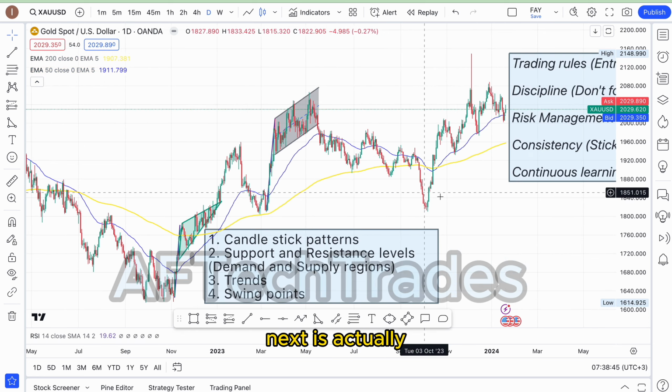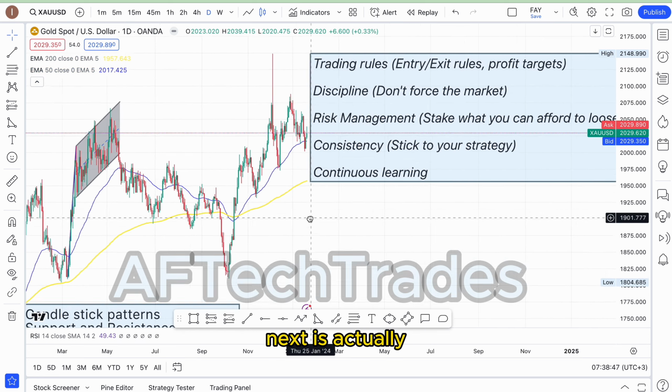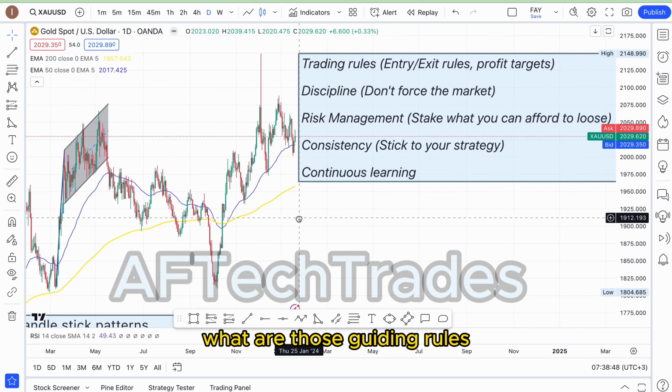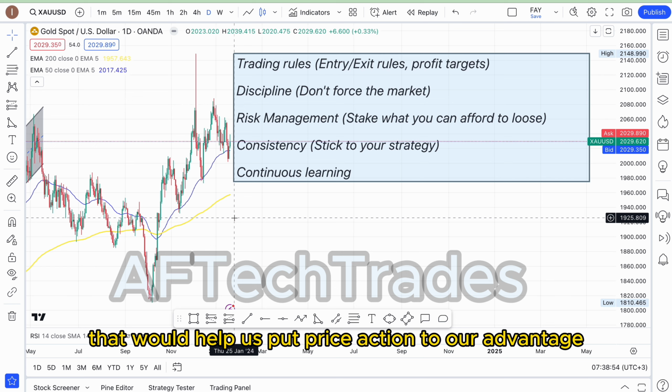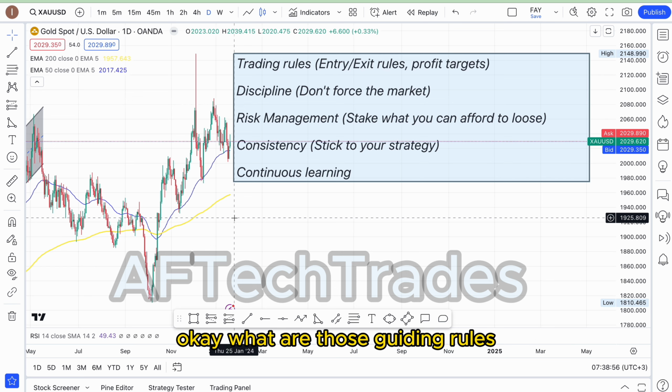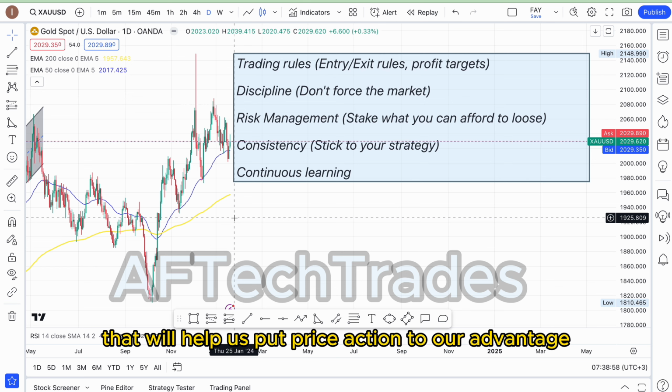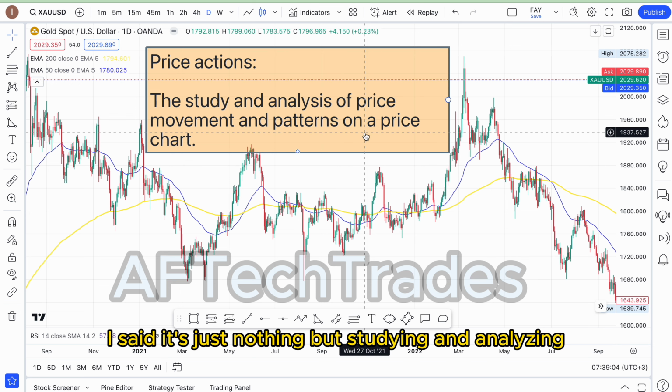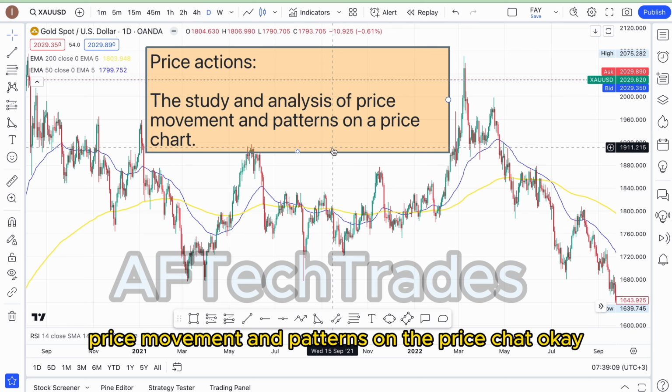Then moving on, what are those guiding rules that will help us put price action to our advantage? If you go back to what I said first, it's nothing but studying and analyzing price movement and patterns on a price chart.